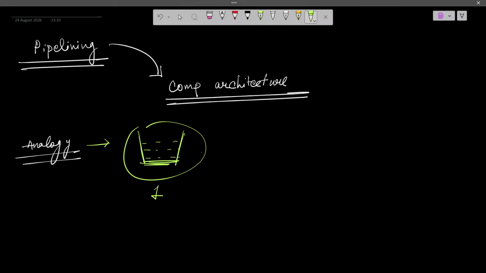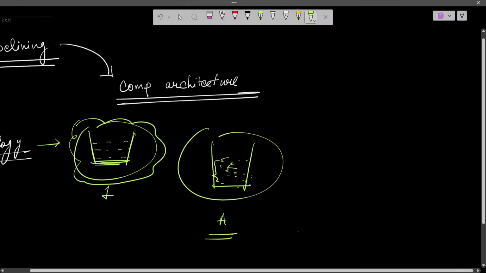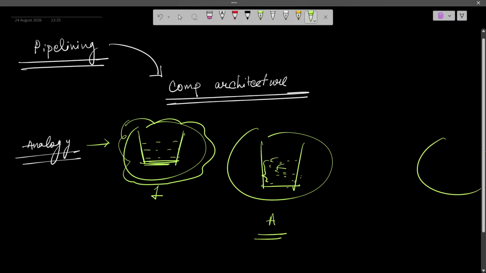Let's try to get a better example. Let's say this is the bucket, and we want to deliver it from point A to, let's say, point B.